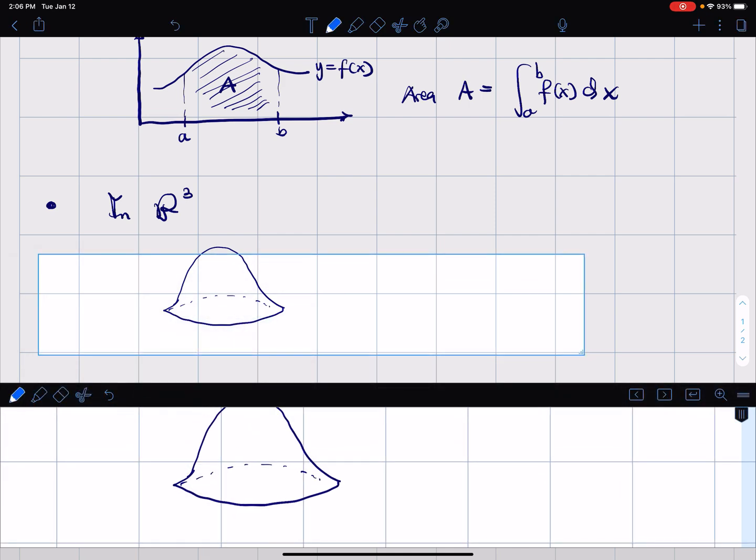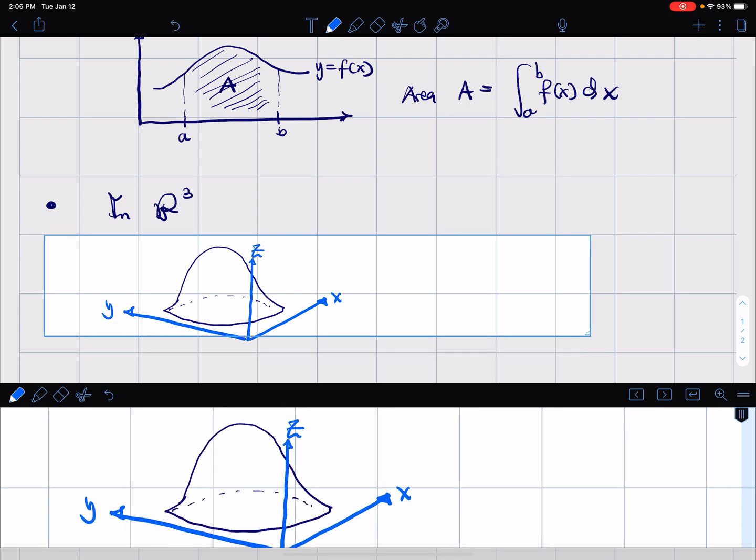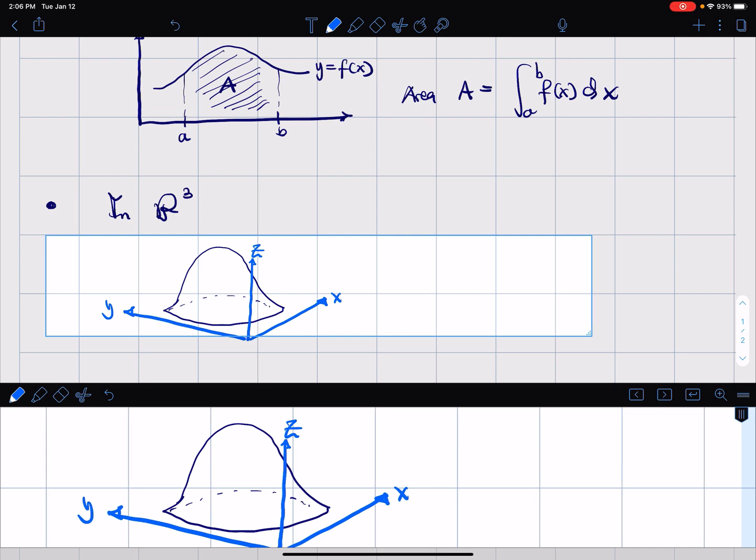This time I'm going to have my z-axis over here, and then this would be the x-axis, and this would be our y-axis. Okay, positive y-axis, positive x-axis, positive z-axis. I don't know why I'm drawing it this way, but I just feel like this might make more sense for what I'm trying to do.